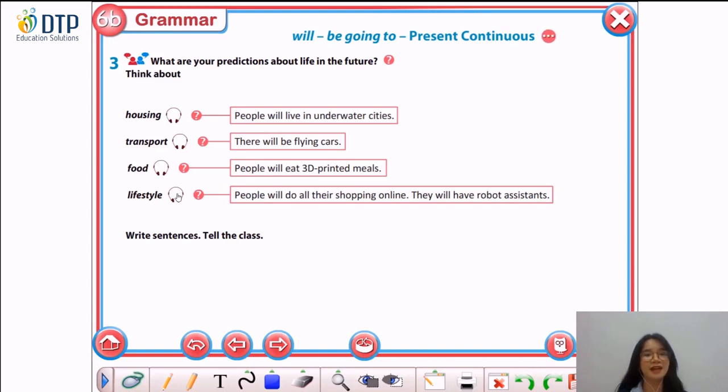Very good. What about transport? Excellent. The next topic, food. How food will change in the future. Excellent. And the last one, what is your prediction about lifestyle in the future?